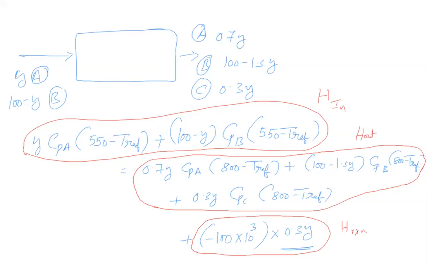Take time, slowly. If you realize I'm solving these problems in an extremely slow manner, the reason is that I want you to put enough brain into the problems while solving, because these are very delicate problems. Even a small mistake here will not cancel T reference on both sides.